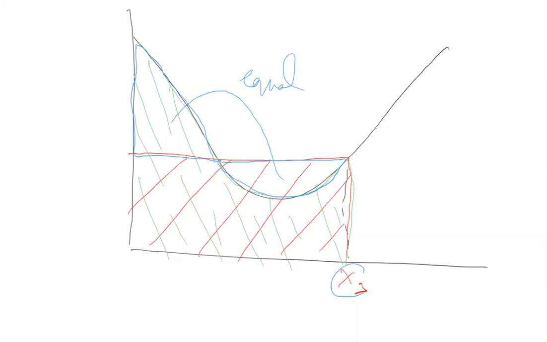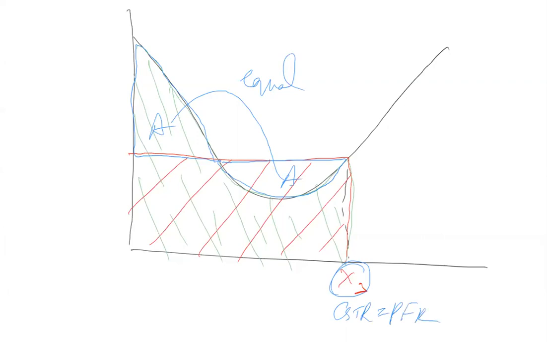So this X3 is the point where this area is A and this area is A, both are equal. Clear? This is where you will select CSTR equal to PFR.